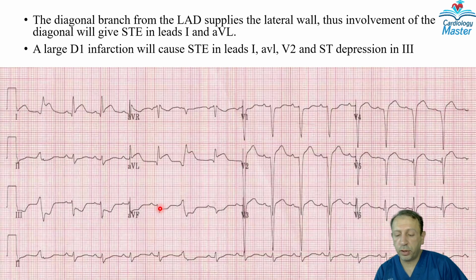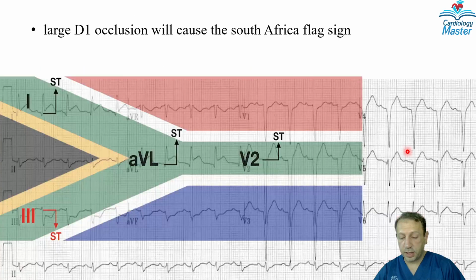Don't forget that the lateral wall is also represented on the ECG in leads V4, V5, and V6. So you might also find ST elevation in lead 1, aVL, and also in leads V4, V5, and V6.